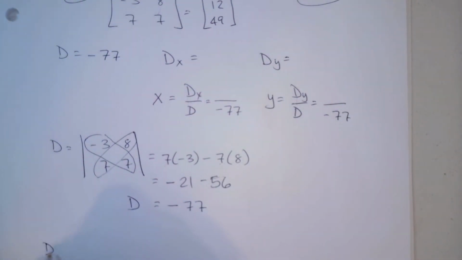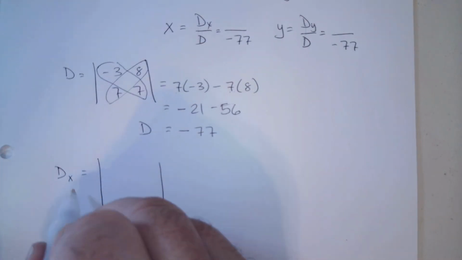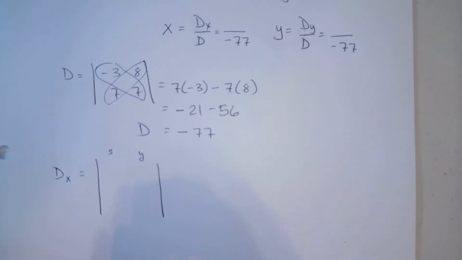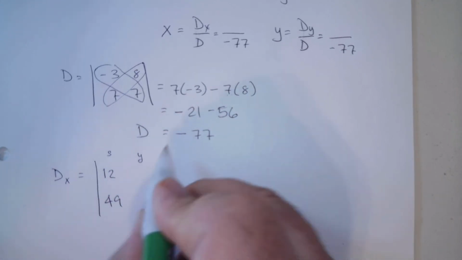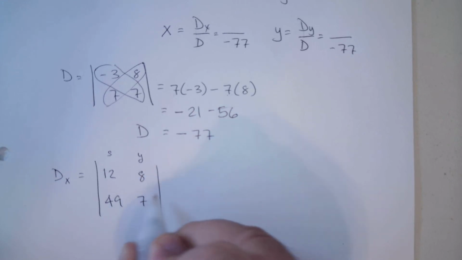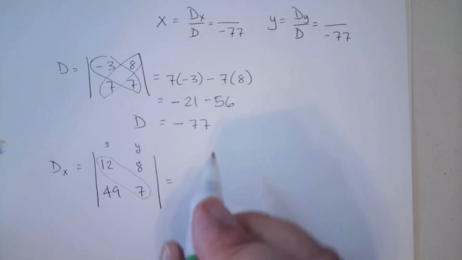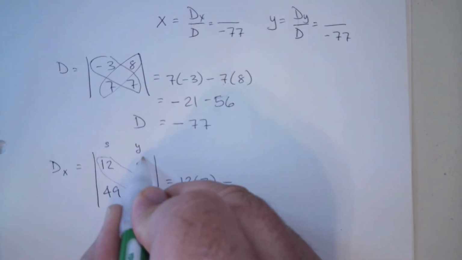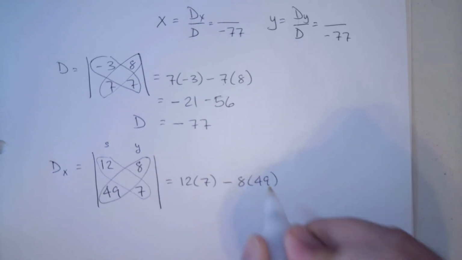Now we find dx. Remember, for dx, since I'm looking for the x part, the solution goes there. Leave the y alone. So it's 12, 49, 8, 7, times 7 minus 8 times 49.